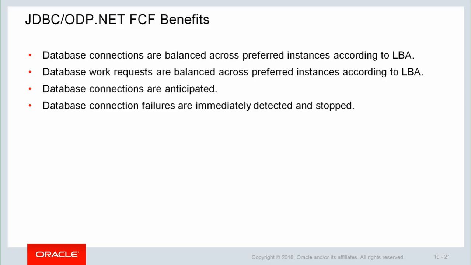So it can support connections from a new request. And also, we can take advantage of FAN, and FAN delivers runtime load balancing information as well. So we use FAN that delivers runtime load balancing to redistribute connections, to support load balancing at runtime.